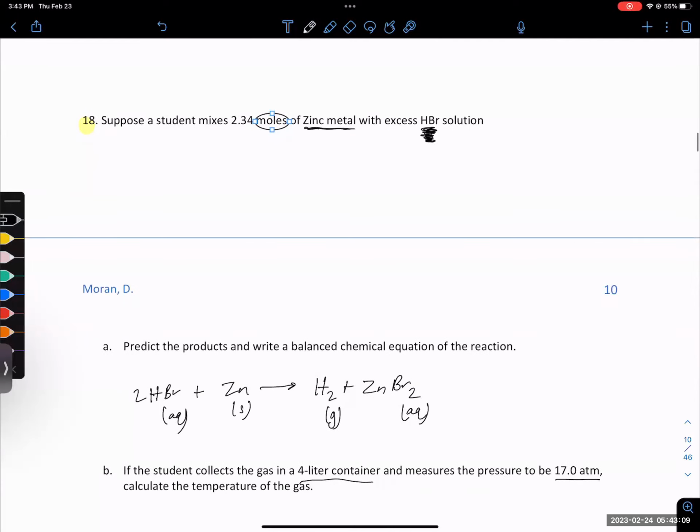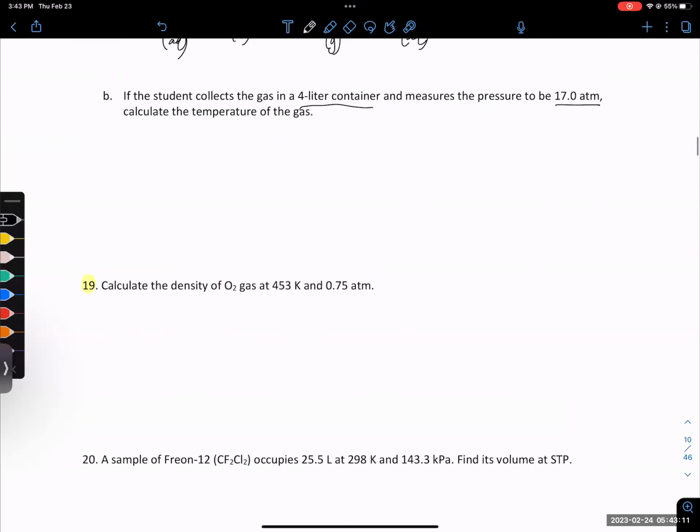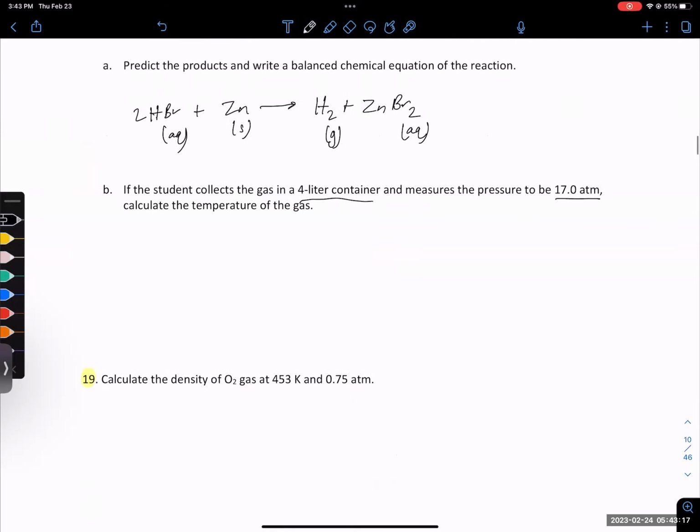You are given moles, pressure, and volume, and you need to find temperature. So what equation would you use? Perfect. Indeed, PV equals nRT.